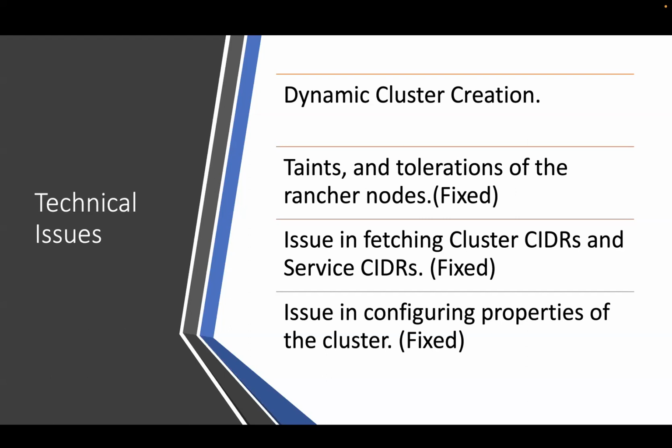The second one was the taints and tolerations of the Rancher node. In general, our E2E code is familiar with the control-plane label that we provide to the control plane node.